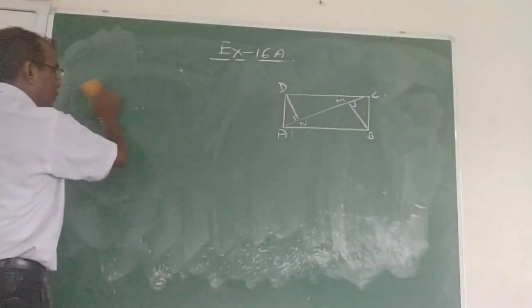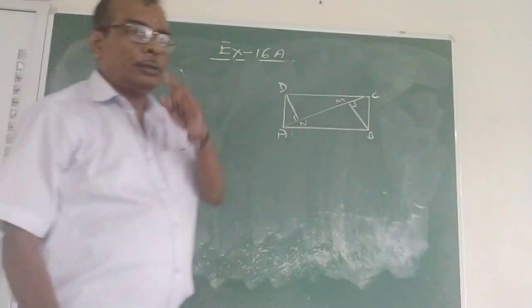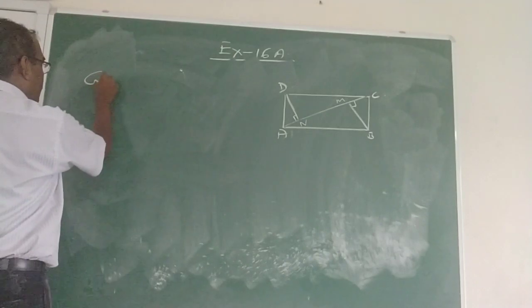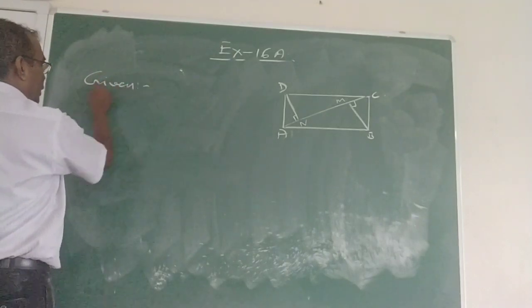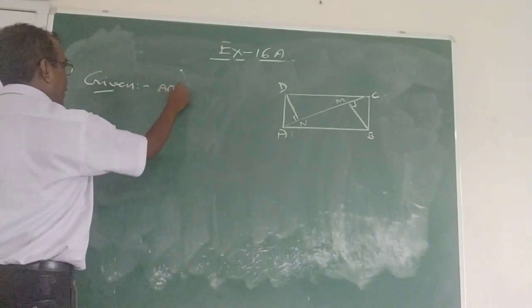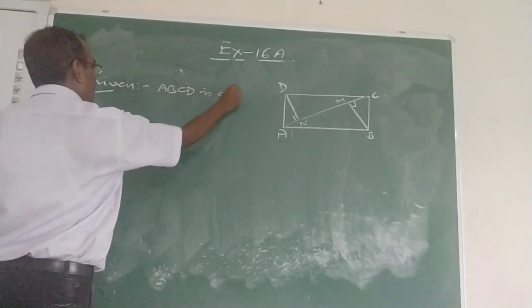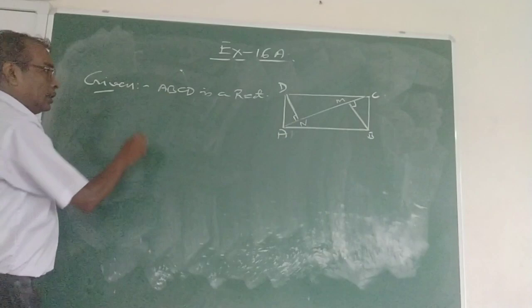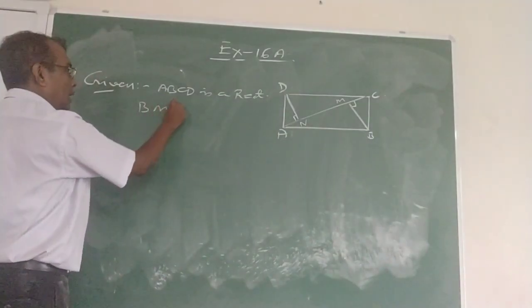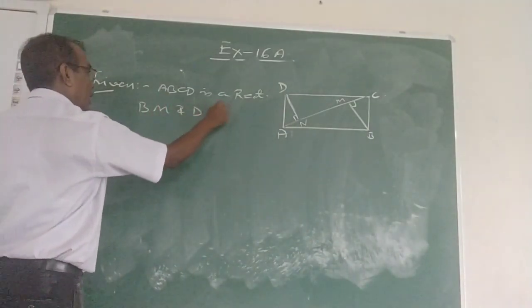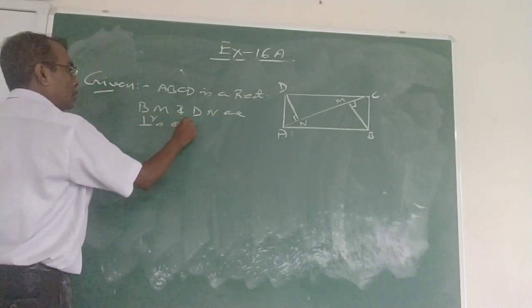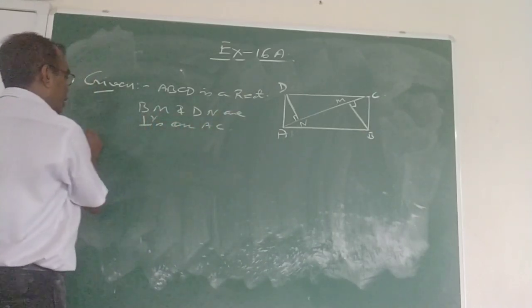So first of all, let us write the given condition. Given: ABCD is a rectangle. BM and DN are perpendiculars on AC.